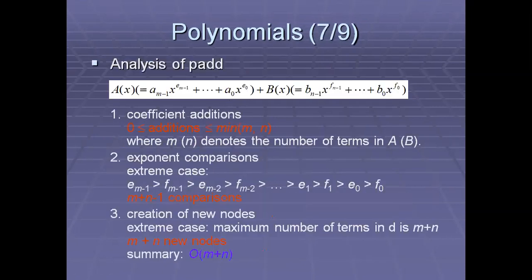So you can see the analysis of polynomial addition. So you can see coefficient additions, exponent comparisons, 3 parts.